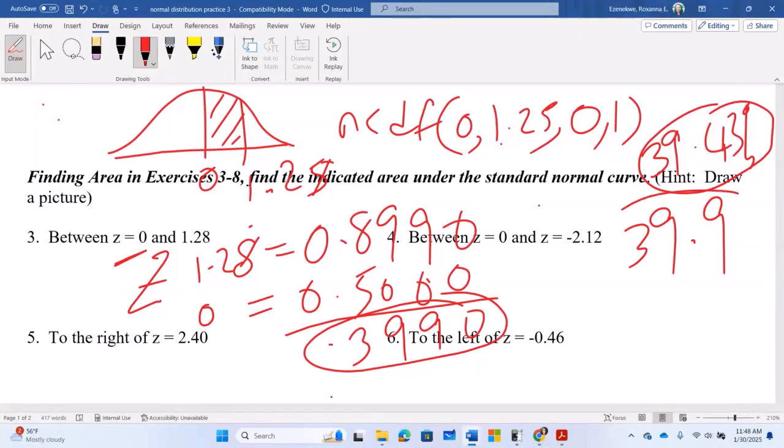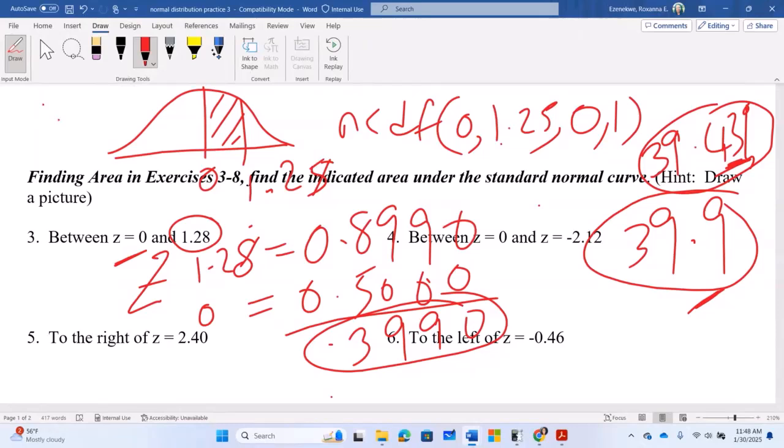Remember, my calculator is more accurate. So this is the area under the curve using my calculator. This is the area under the chart using my calculator. I don't even want to use empirical rule because I don't want to waste time looking for 0.28. That's one thing I'm trying to tell you.